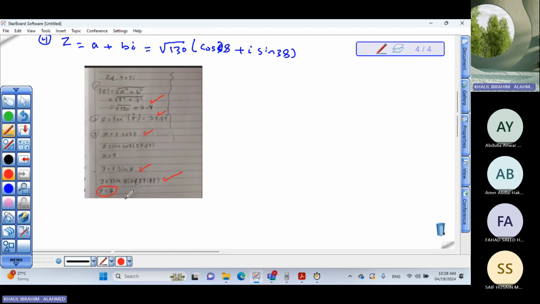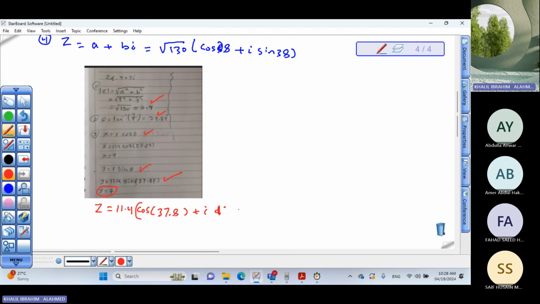You need to write Z equals 11.4 cosine 37.8 plus i sine 37.8, taking the common factor.